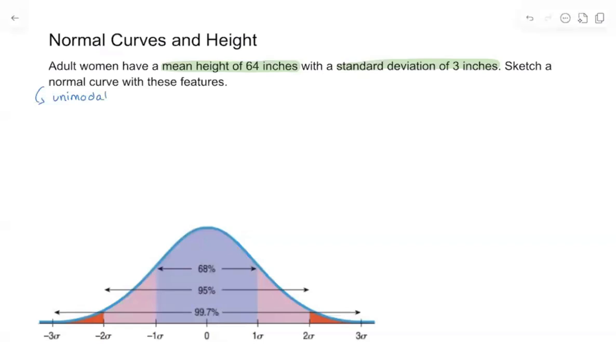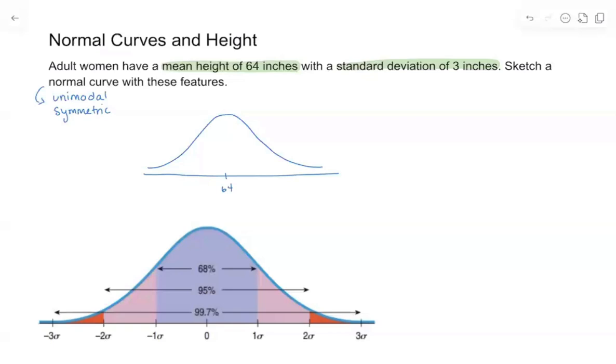One bump in the middle, and it's going to be symmetric. Okay, now instead of starting with 64 or 3, I'm just going to start with that shape. So I've got my axis here, and then I've got something that's unimodal and symmetric. I know that where the maximum is, that's going to be the mean. It cuts my graph into two symmetric pieces. So I'm going to put 64 right in the middle.